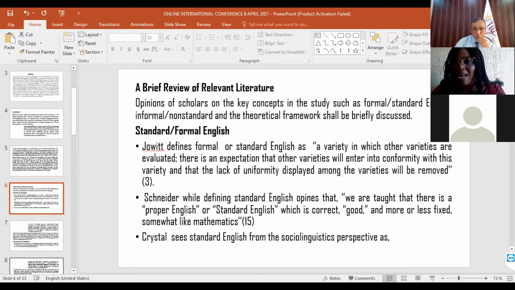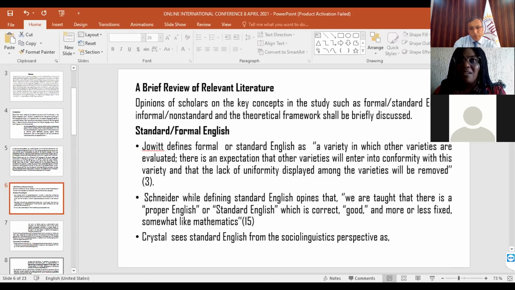And perhaps that is why we have all been able to understand ourselves. Thirdly, standard English is devoid of errors, mistakes, and inconsistencies in terms of spellings.